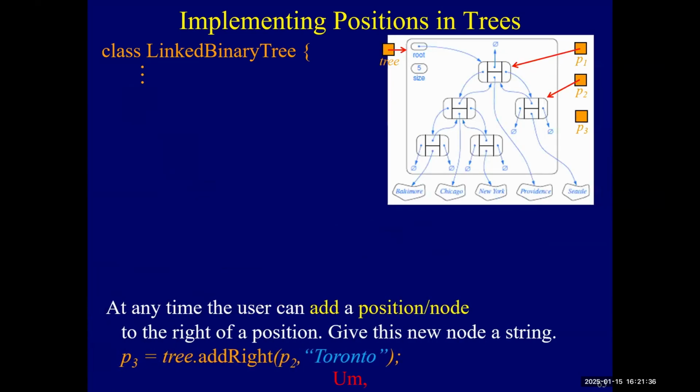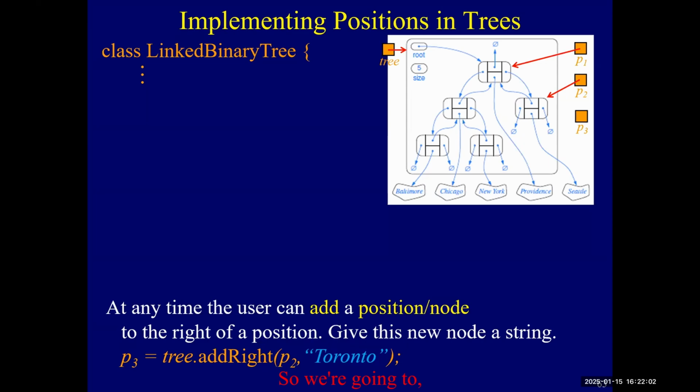All right. So now we're going to Toronto, of course. We say, hey, this is kind of American, and we want to add Toronto. So here P2 is pointing to someone, and I happen to observe that P2 doesn't have a right child.